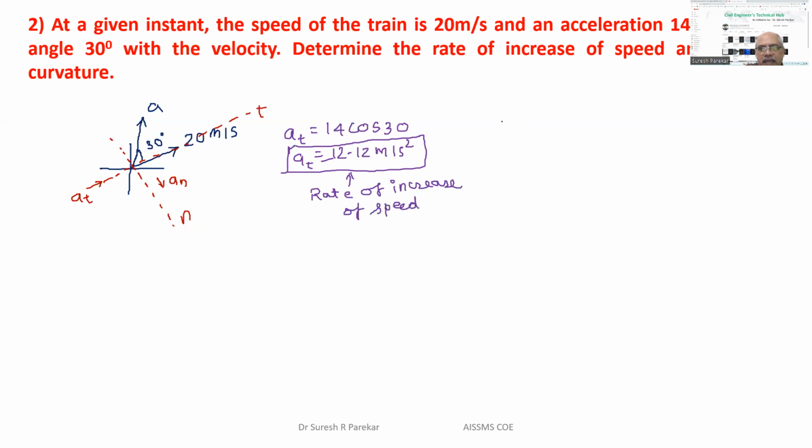So AT is nothing but the rate of increase of speed. And then we have AN equal to A sine 30, which is 14 sine 30, and we have this value as 7 meter per second square. Sorry, A is given as 14, V is 20. And then we know AN equals V square by rho, and therefore rho equals V square by AN.